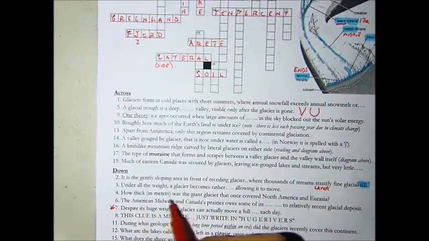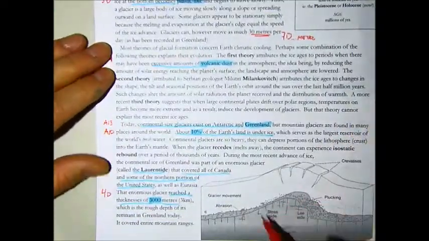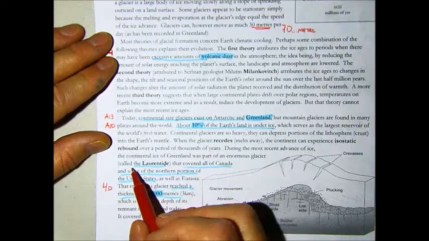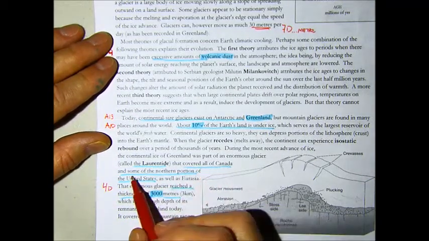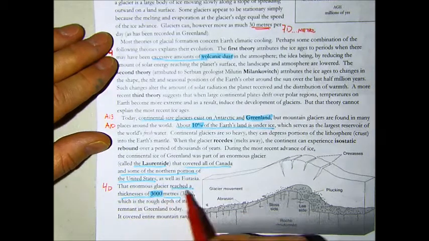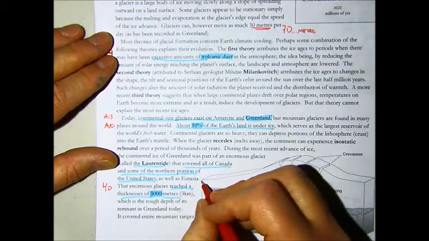All right, number 4. How thick in meters was the giant glacier that once covered North America and Eurasia? Well, basic descriptions, basic features. 4 down. The Laurentide, that covered all of Canada and some of the northern portion of the United States, as well as Eurasia. Enormous glacier reached a thickness of 3,000 meters, 3 kilometers thick.